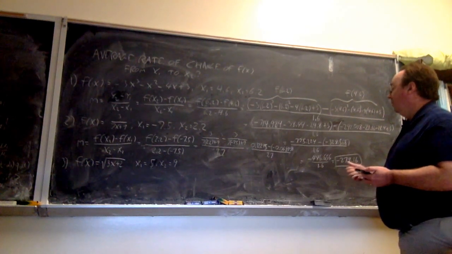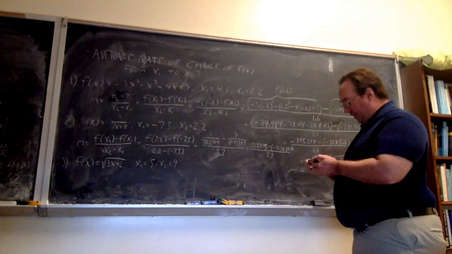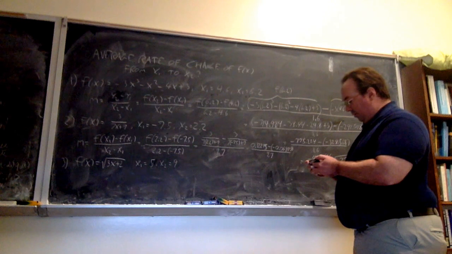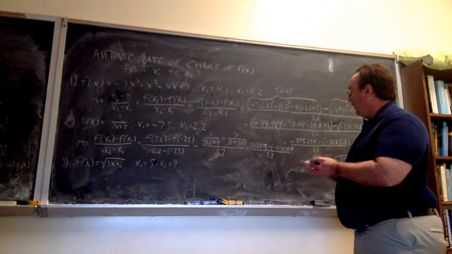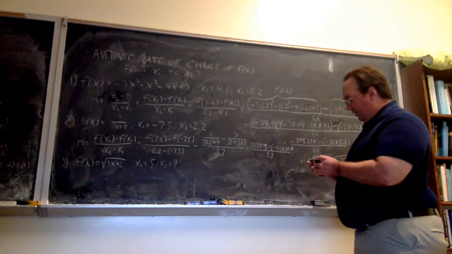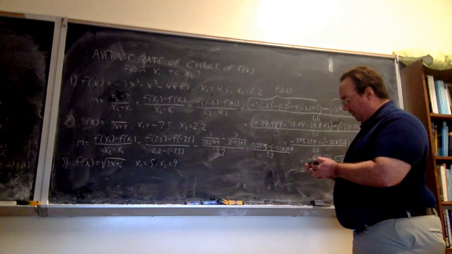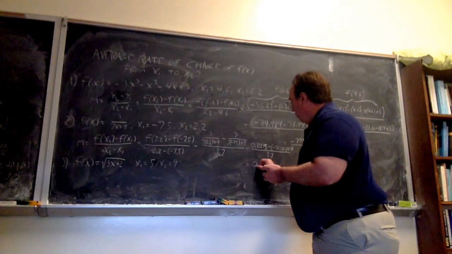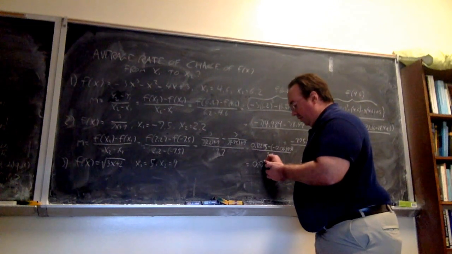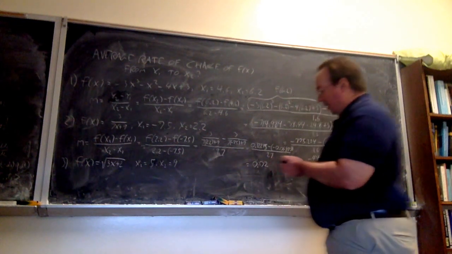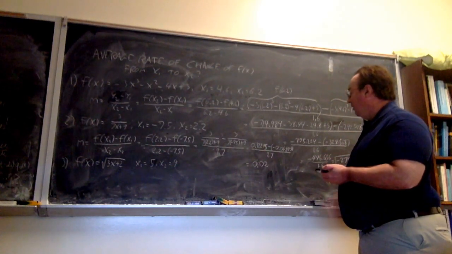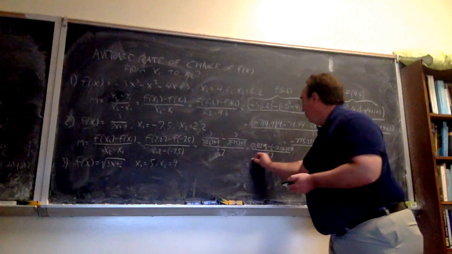So now, once we work this out, so I have plus divided by 9.7. And what I get to 2 decimal places is 0.02. Really, I get 0.01978, but to nearest hundredth is 0.02.